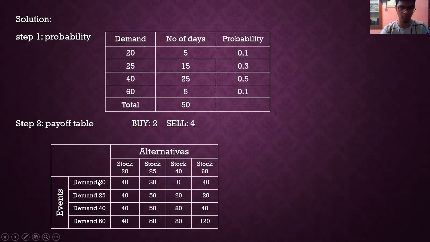Here the demand is 20. So at least we can meet 20 demands here, right? So instead of 60, we can meet 20. The remaining 40 will be unsold. That 40 we will keep aside and look into the 20 stocks which we can sell. We can meet this 20 demand, so we are selling this 20.